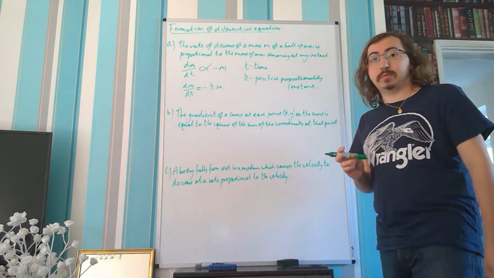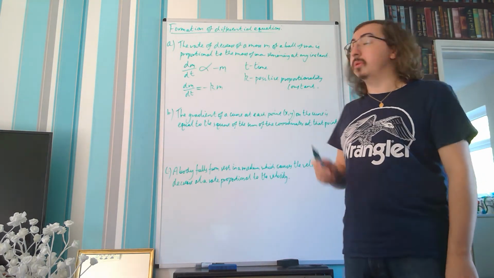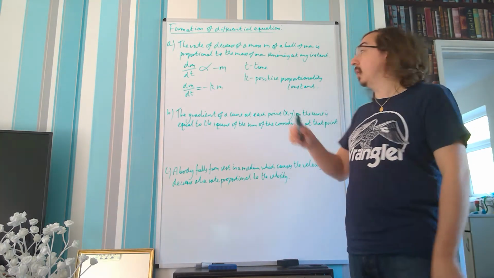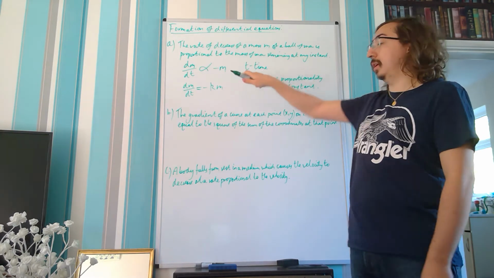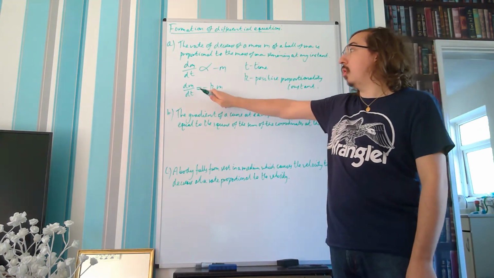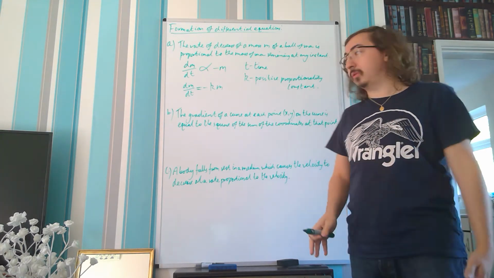Alternatively, you could have this as just equal to km, but k would have to be a negative proportionality constant, which is why defining it is very important, so the examiner understands that you know what's actually happening here, whether it's a decrease or an increase.